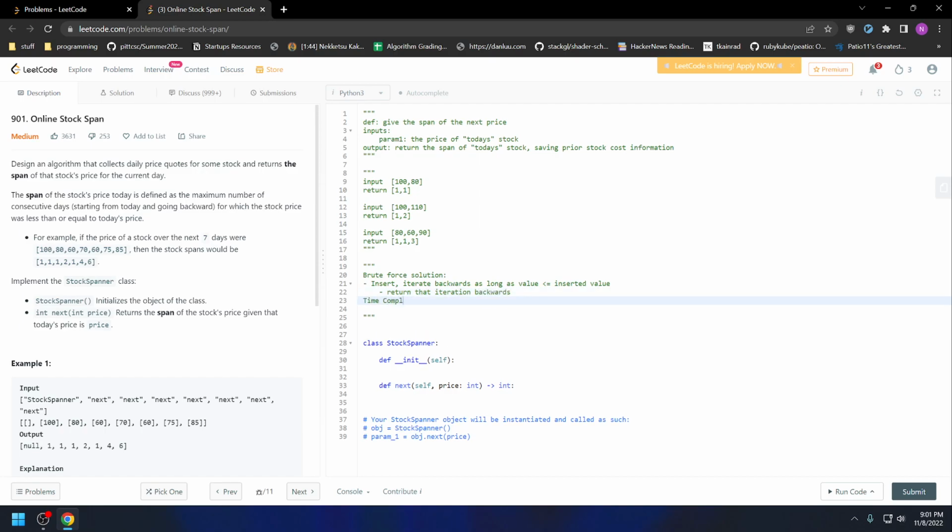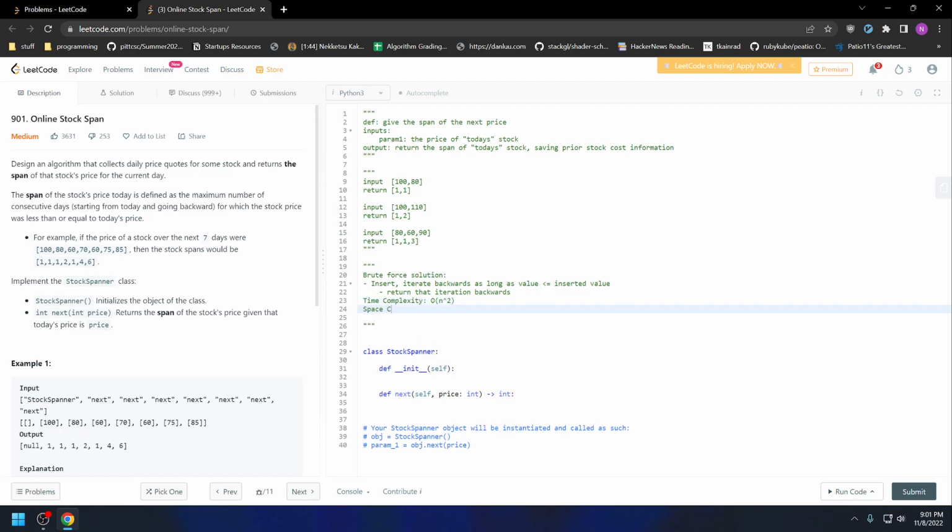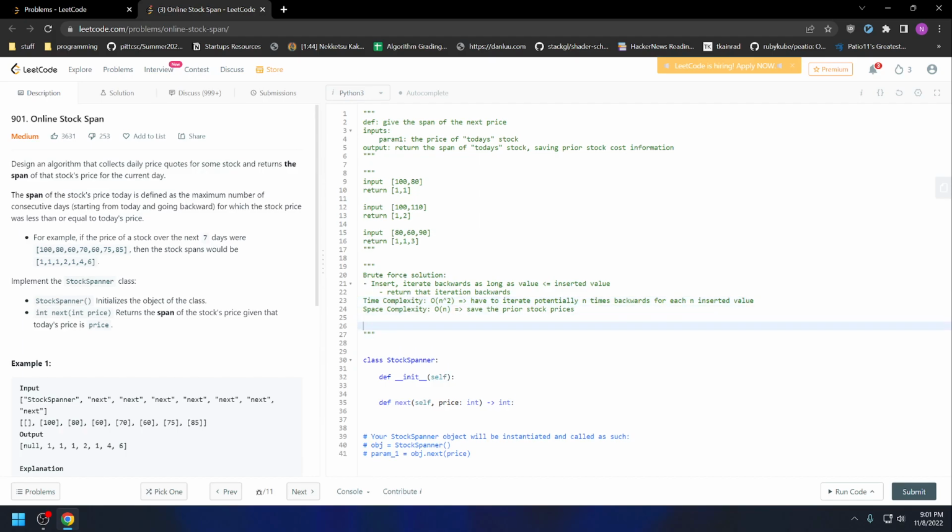The time complexity for this is n squared. You simply need to save the prior stock prices in space. Here, we have to iterate potentially n times backwards for each of n inserted values. Okay, so that's the brute force solution. That's an n squared solution, but we can do better than that.